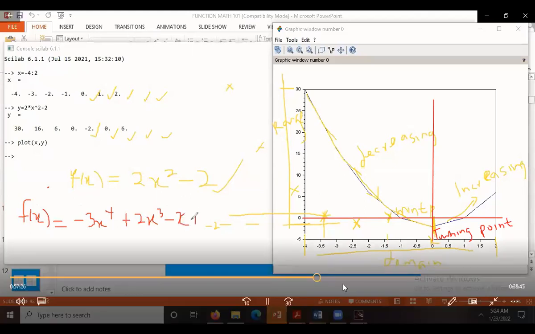So this is also a polynomial of degree 4. The degree is the highest power in the function, for x. In this case, the degree is 4.